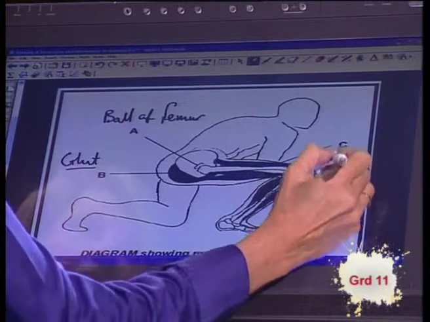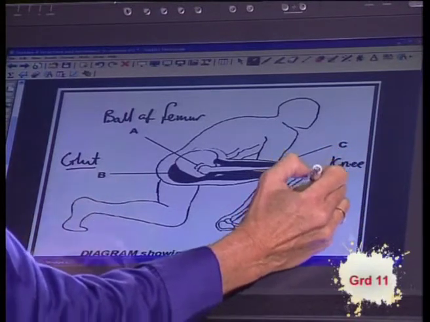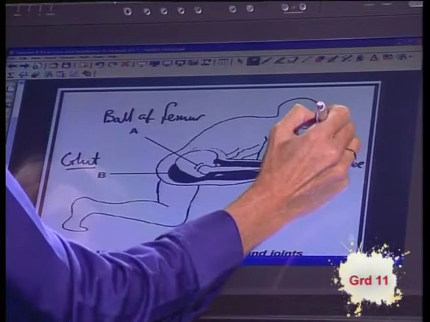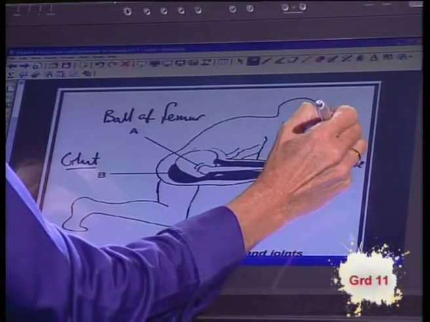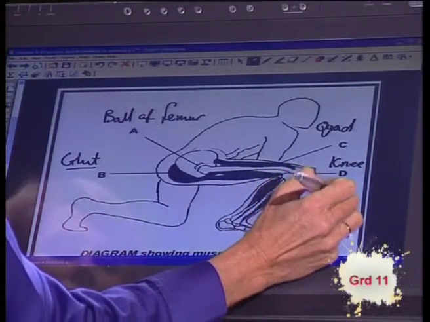Clearly D is the knee. And right on the front of the knee, remember we have the kneecap called the patella. Then over here we have our quad muscle. Here is the calf muscle.